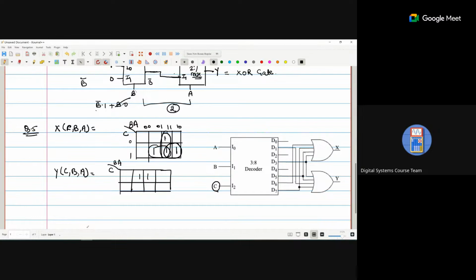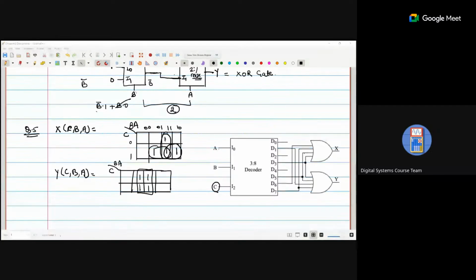So D1, D3, D5, D7. Only one term is available. Any doubt? Question number 5.